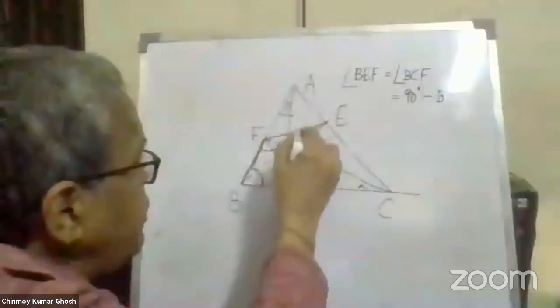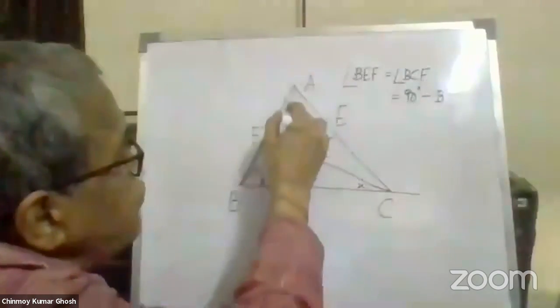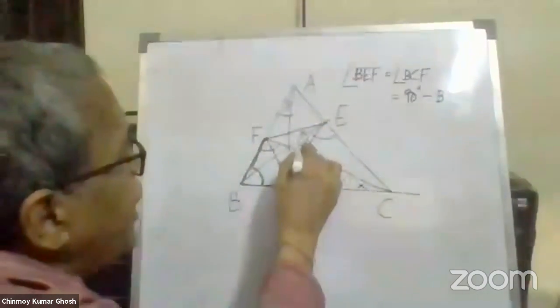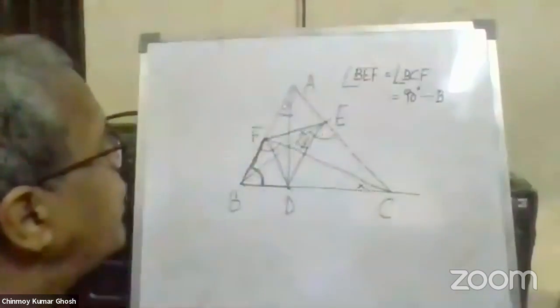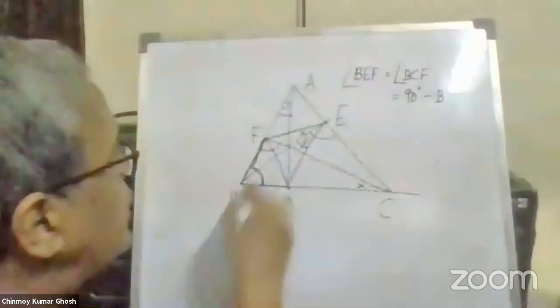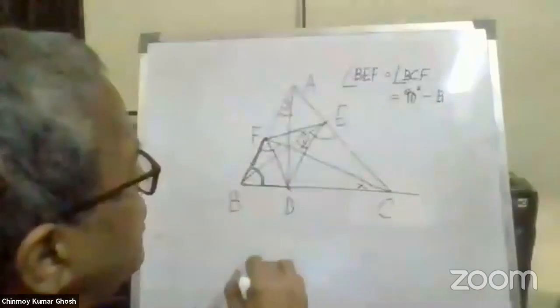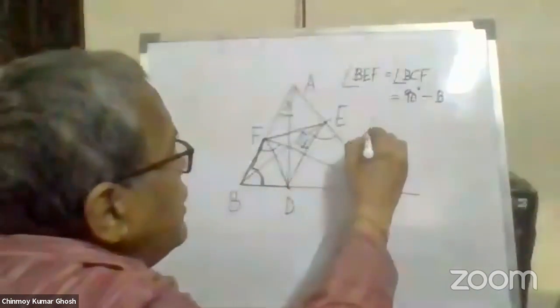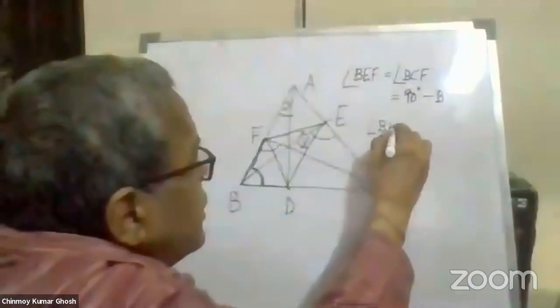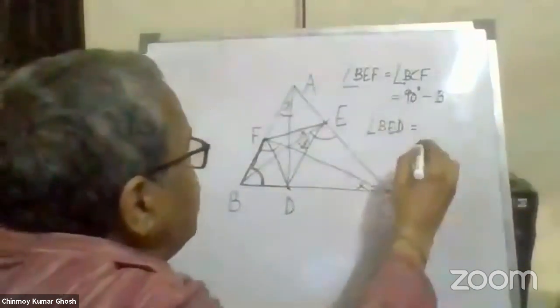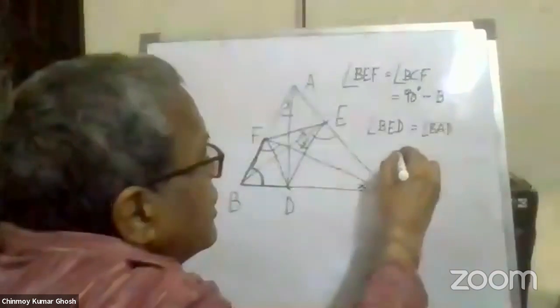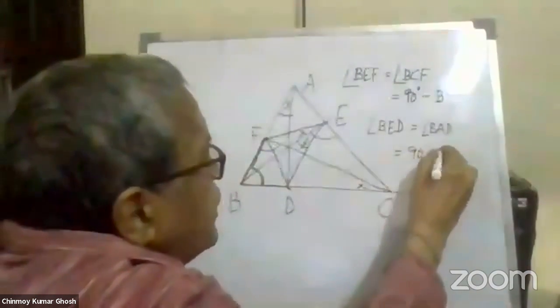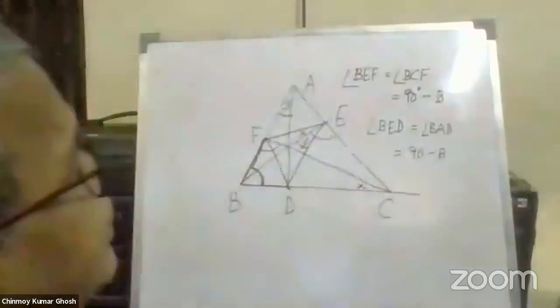So these two angles are equal. This angle is equal to 90 degrees minus B because of the triangle ABD. So you get angle BED is equal to angle BAD, equal to 90 degrees minus B.